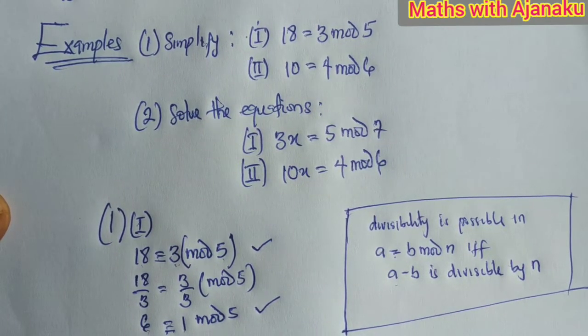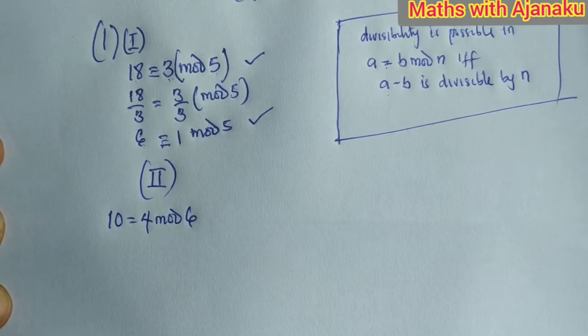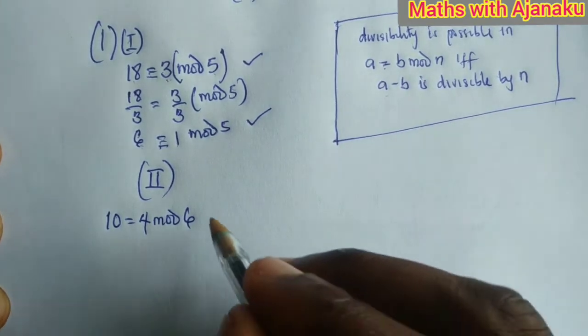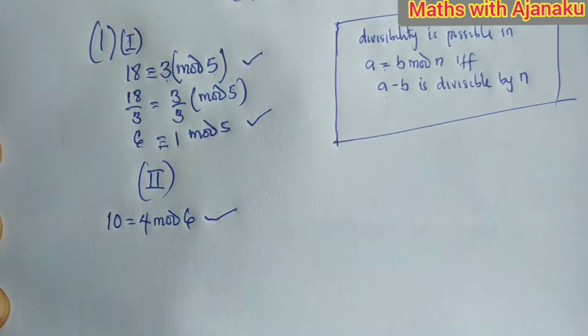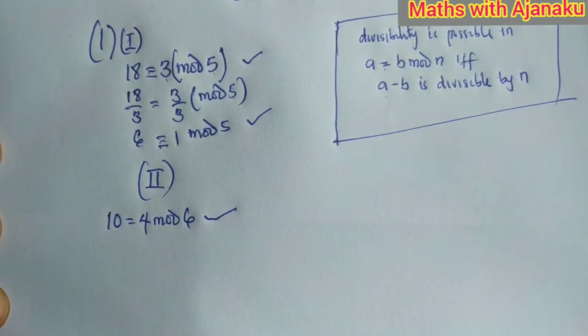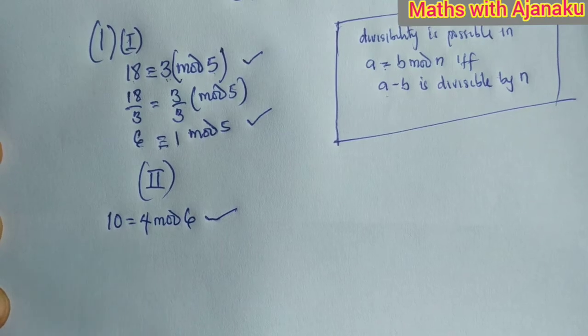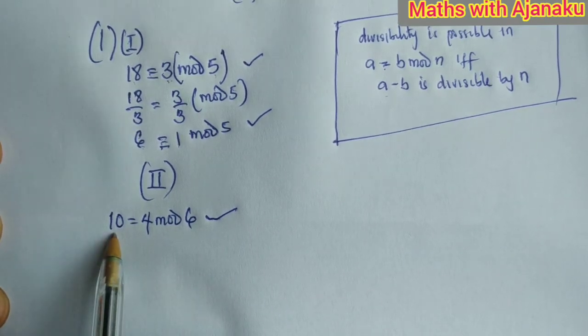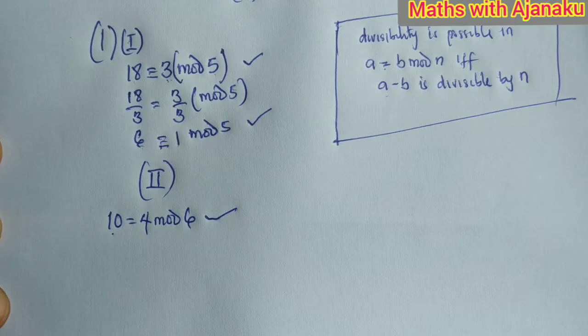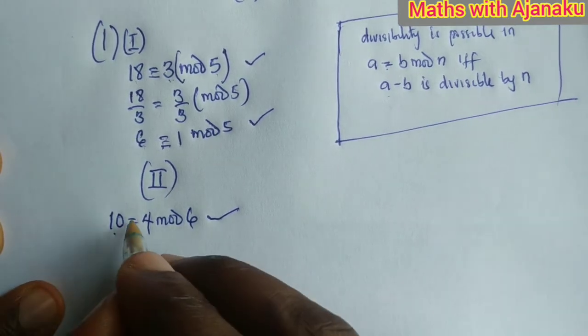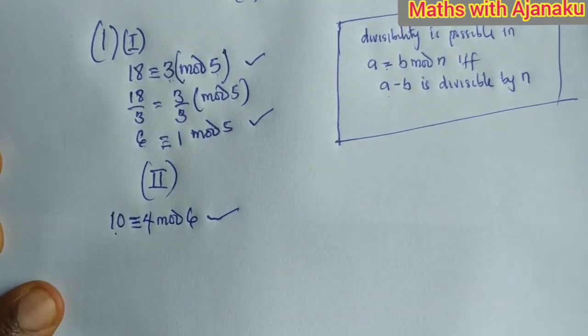Checking the second question out. Looking at this second question, it's obvious that this is very true. If we intend to reduce this by what is common here, let's say 2 is common to 10 and 4, if I reduce that, we know that this is congruent. Let's see if what we get is going to be congruent.